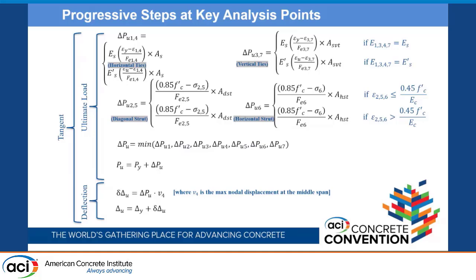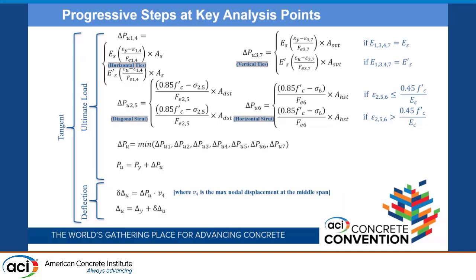For the tangent approach, we take the incremental load beyond the yielding load, and we just take the difference between, if there was no yielding in that member, we subtract it from the yielding load to get to yielding, but if there was yielding in that member, we subtract it from the ultimate, that strain in the member, which we can calculate from truss analysis.